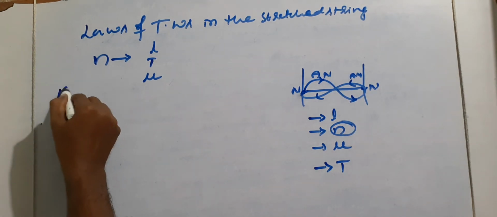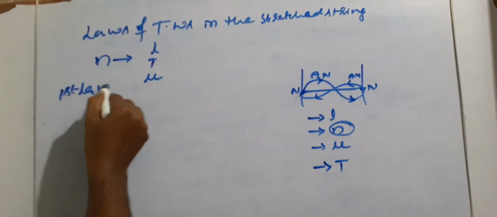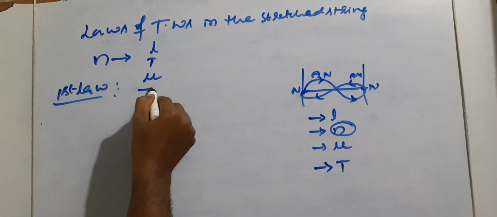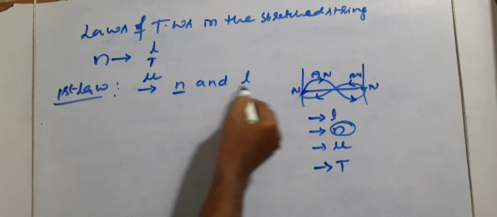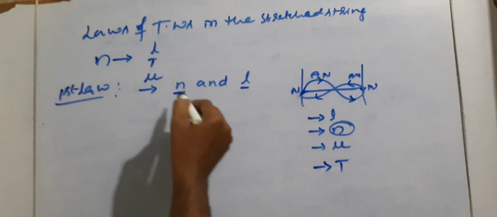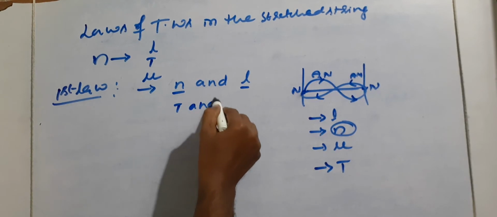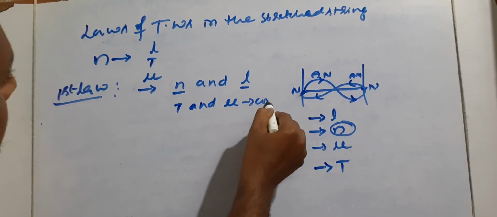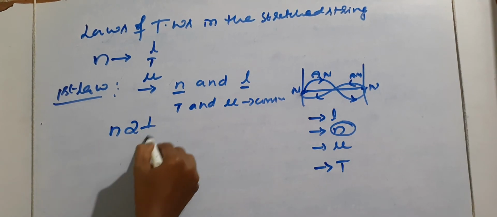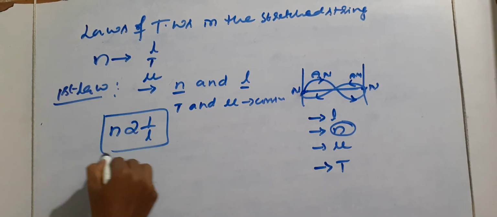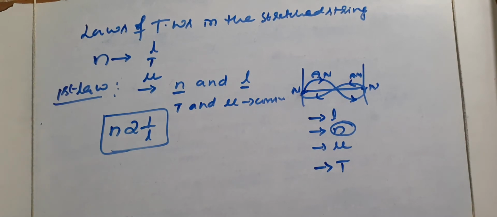So the first law explains the relation between N and L, where N is the fundamental frequency and L is the length of the string, keeping tension and linear density constant. N is inversely proportional to L. That is, when length increases, fundamental frequency decreases; when length decreases, fundamental frequency increases.